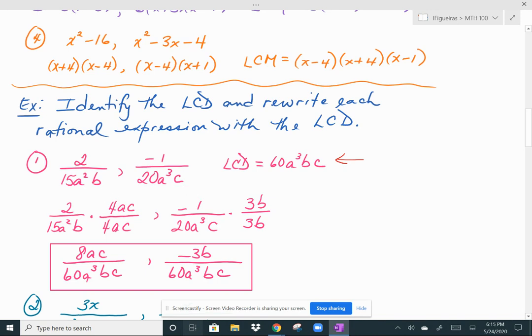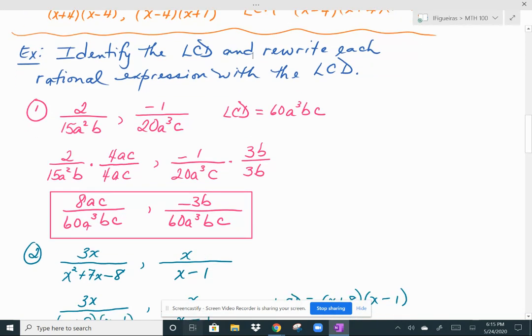All right, now the second part: rewrite each rational expression with that LCD. That just means to multiply each fraction by whatever's needed to make the denominator look like this. So what am I missing in the first one? I have to multiply 15a squared b by 4ac so that it is 60a cubed bc in the denominator.